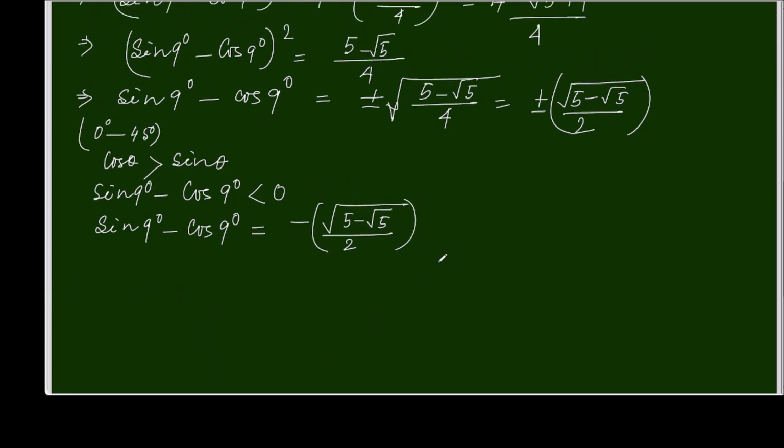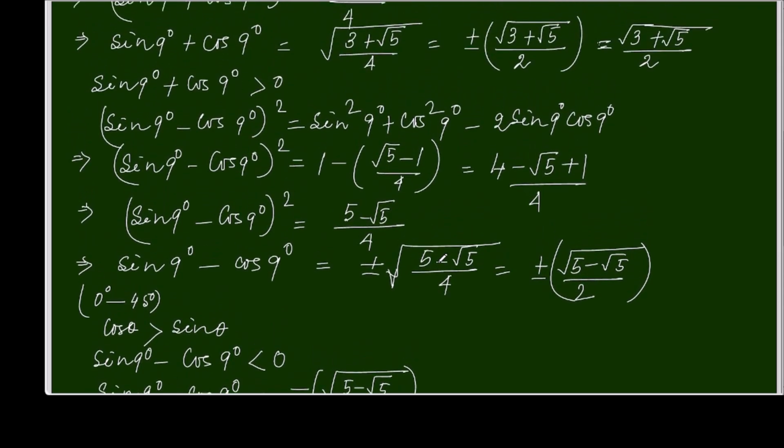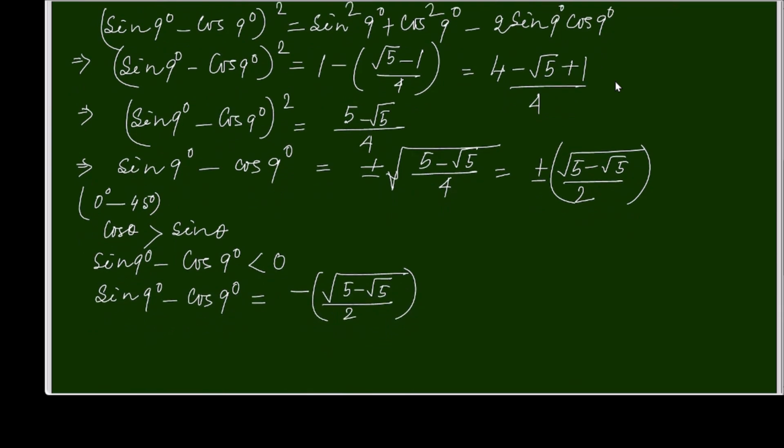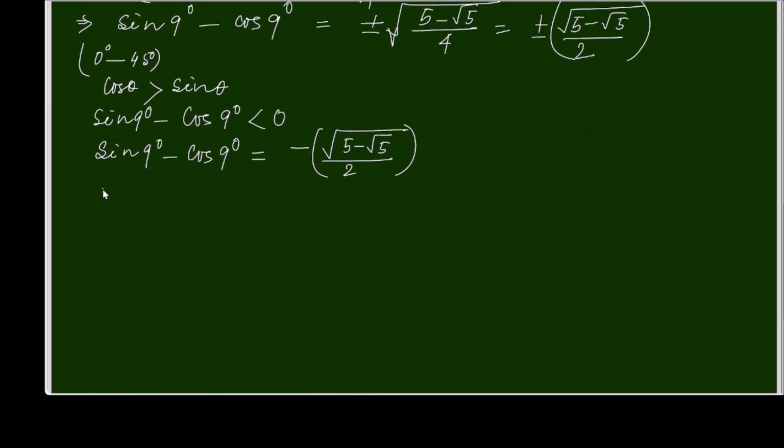So let us go for the first equation. Let me write the equation now. Sin 9° plus cos 9° was your 1/2 (√(3 + √5)).